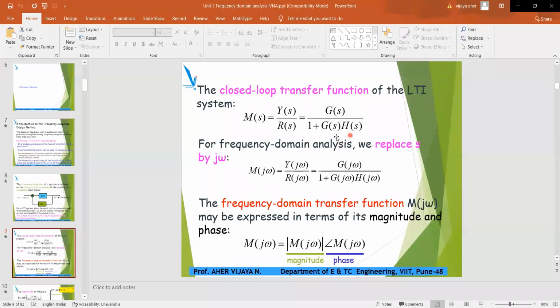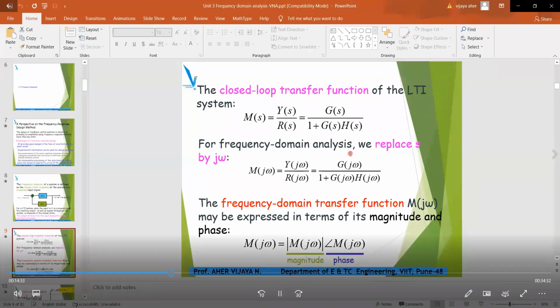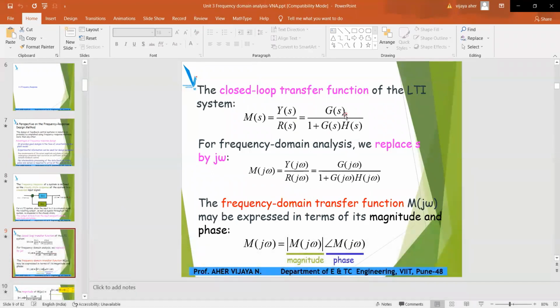Now for frequency domain analysis, you just replace this s by j omega and rewrite the equation. So M of s becomes M of j omega. It's very simple, just replace the variable s in this equation by j omega.